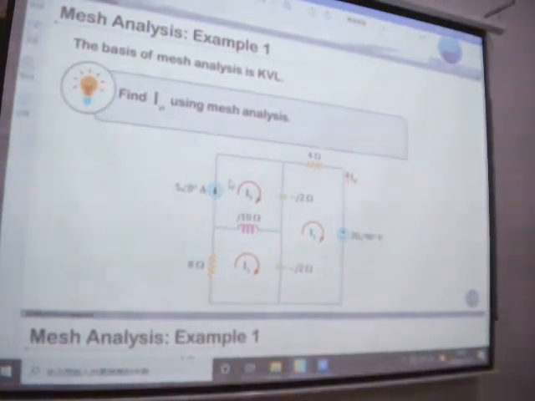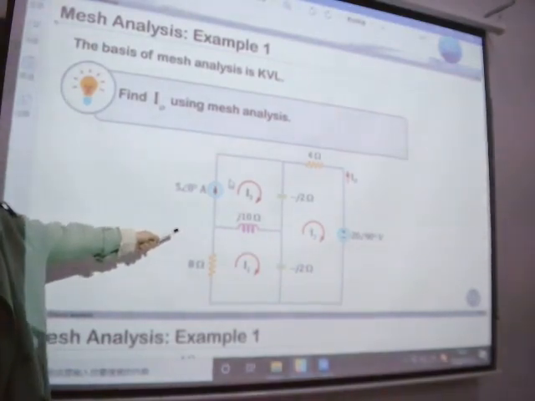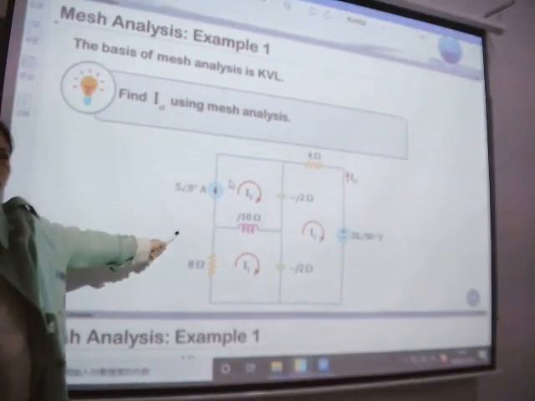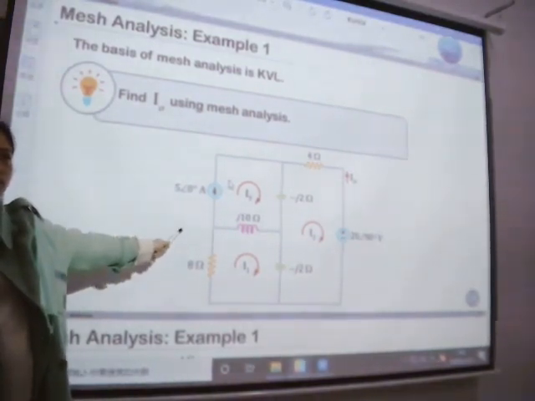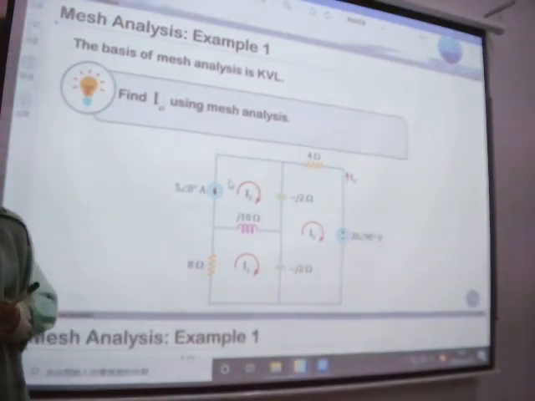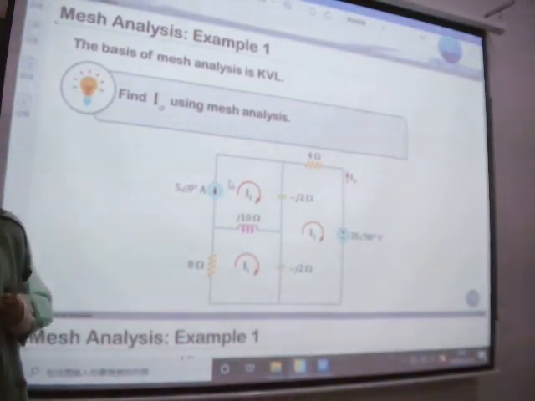Clear? Not clear. Actually, you're not clear, right? Okay, now the problem is, we're going to find out a voltage source rise value. But here it's a current source, it's not a voltage source. So we need to suppose this one to be a voltage source because of a theorem, I forgot the name of this theorem. In Chinese, we call it the substitute theorem.